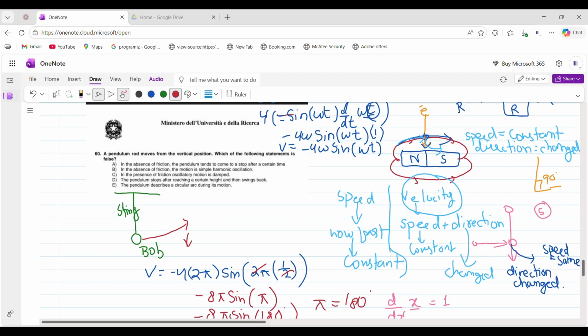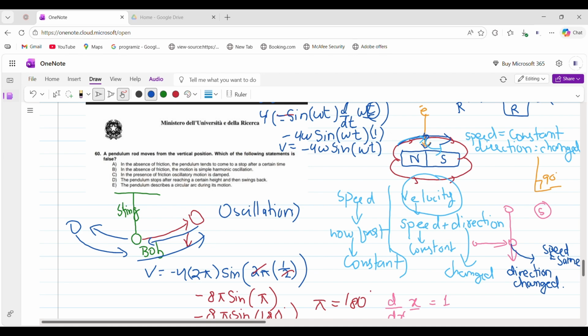Gravity is downwards, right? So because of gravity, it will start moving in a back and forth motion. It will now go here, then here, then again it will come back here, then there. So it will basically start moving in a forth and back direction, which means oscillation. Back and forth motion is oscillation.